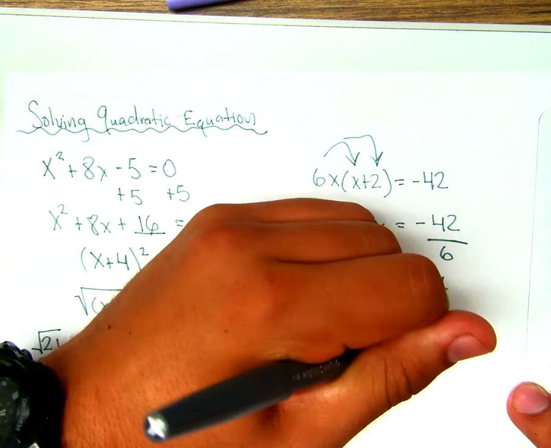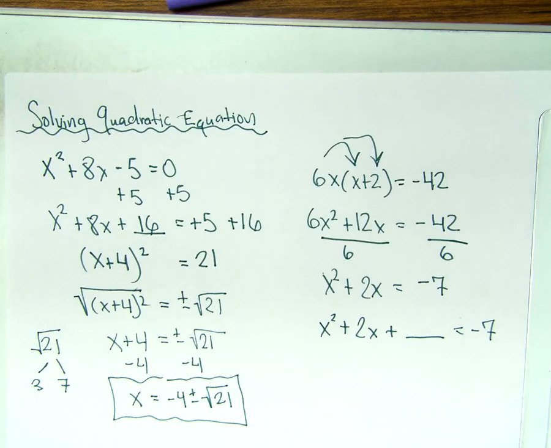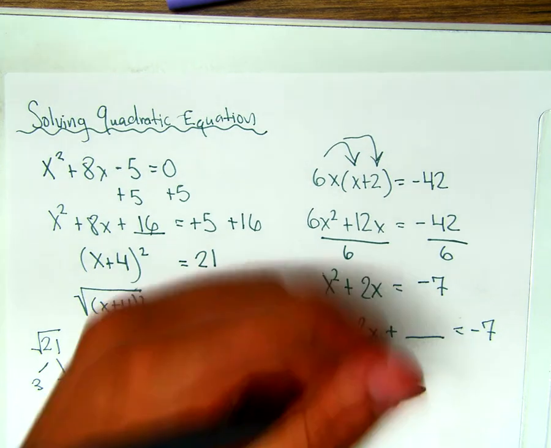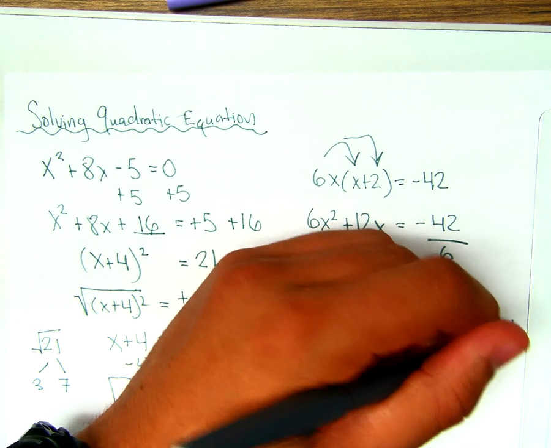We want to find our c. So we'll have x squared plus 2x plus blank plus whatever our c is going to be equals negative 7. So we want to complete the square for the left side. What will our c be? 1. Because it's b over 2 squared. So that's 2 over 2, which is 1, and then 1 squared is 1. And what we add to one side, we have to add to the other.